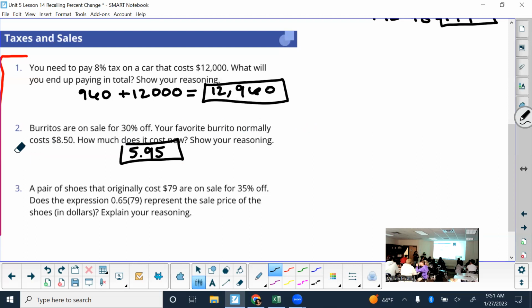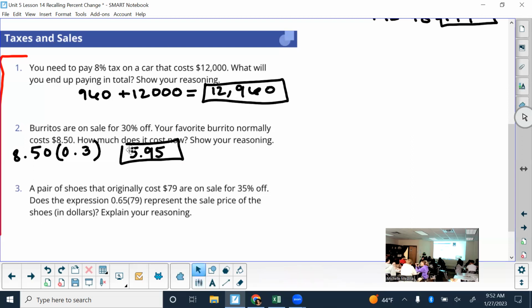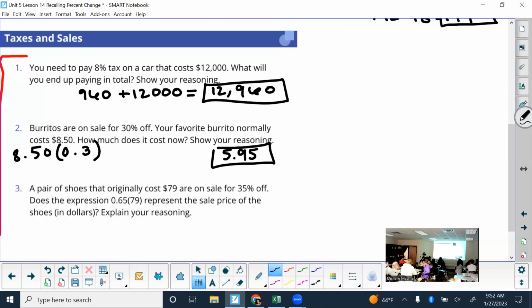Okay, good. That's what you would multiply to figure out what the discount is. When you put that in your calculator, what does it say, class? The 8.5 times 0.3. 2.55, you said?